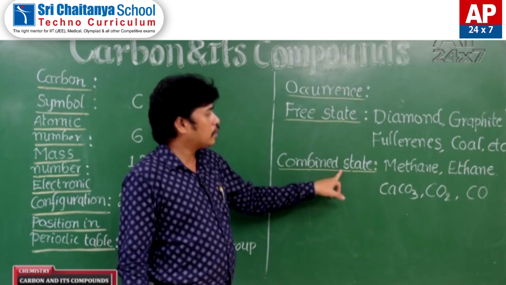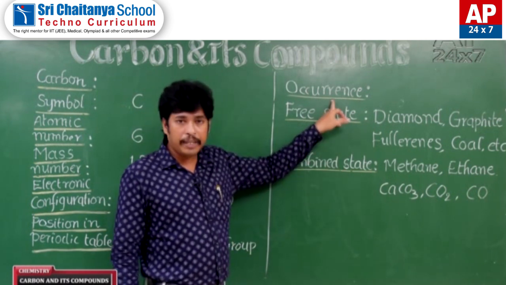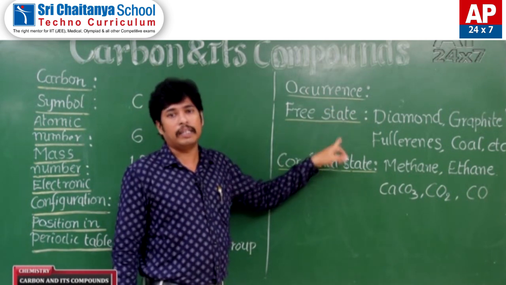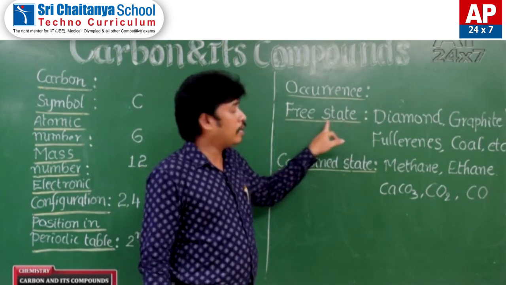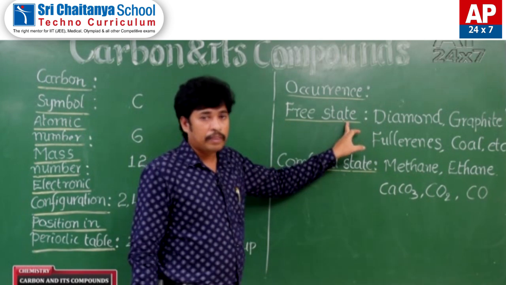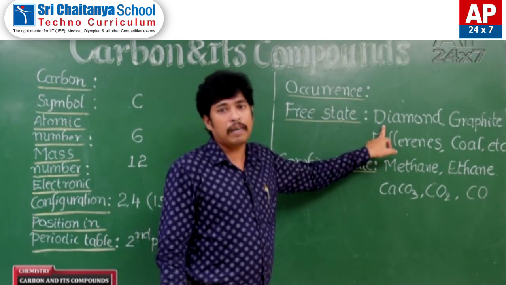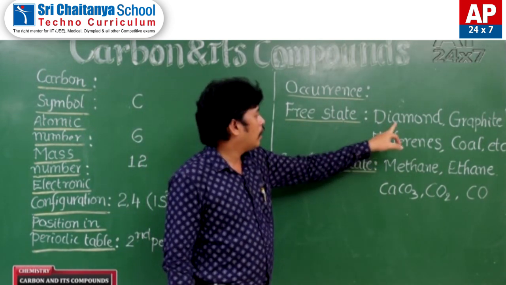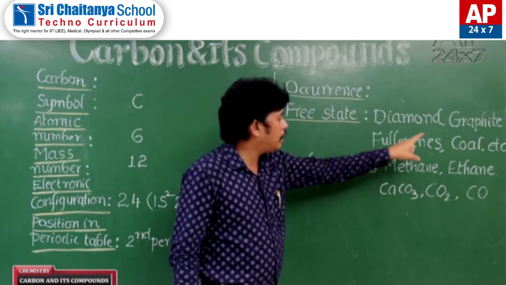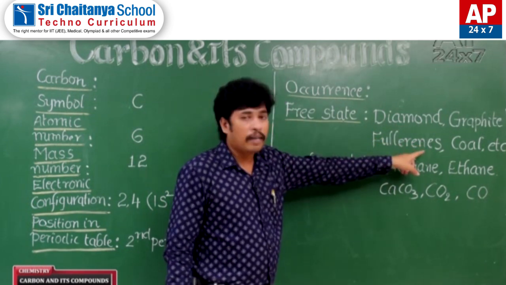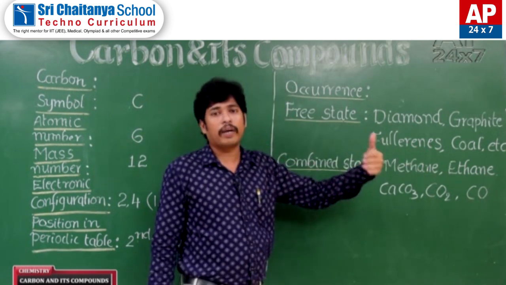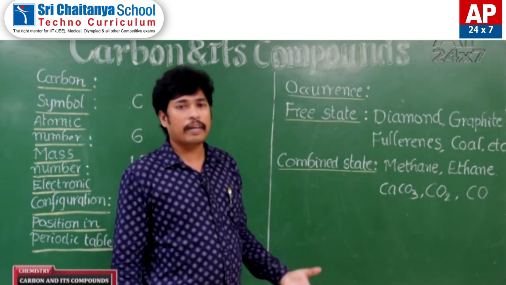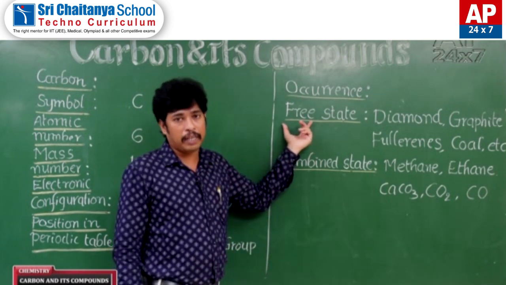Based on these 2 states, carbon can be available in nature in these 2 different forms. The best examples for the free state of carbon are the different allotropic forms of carbon, like diamond, graphite, fullerenes, and amorphous allotropes, those are coal, coke, etc. All these are considered as free state of carbon.